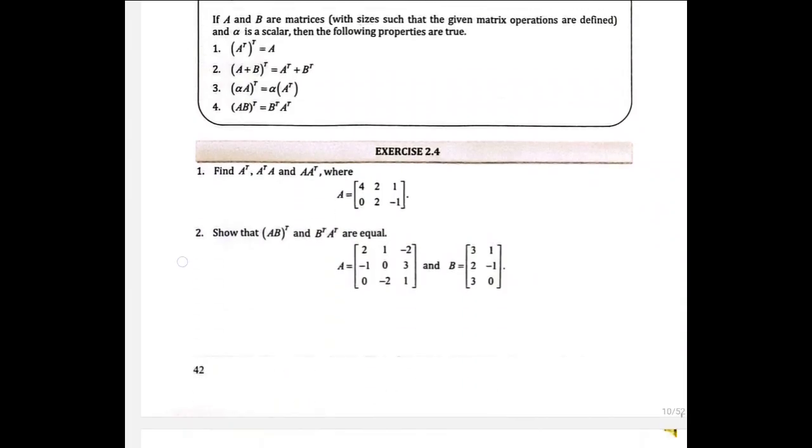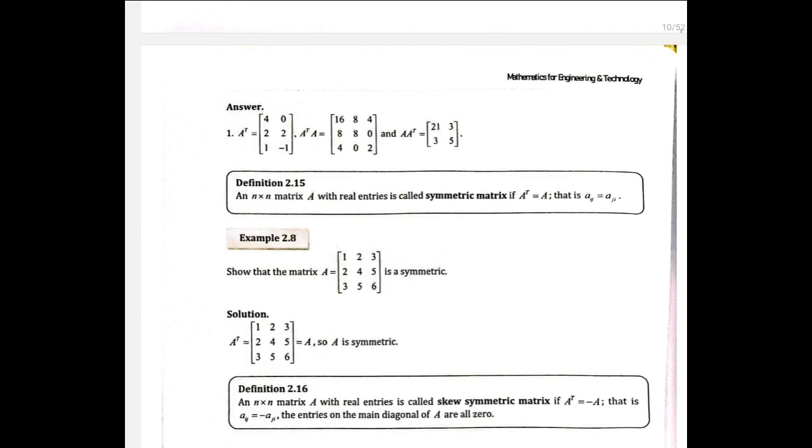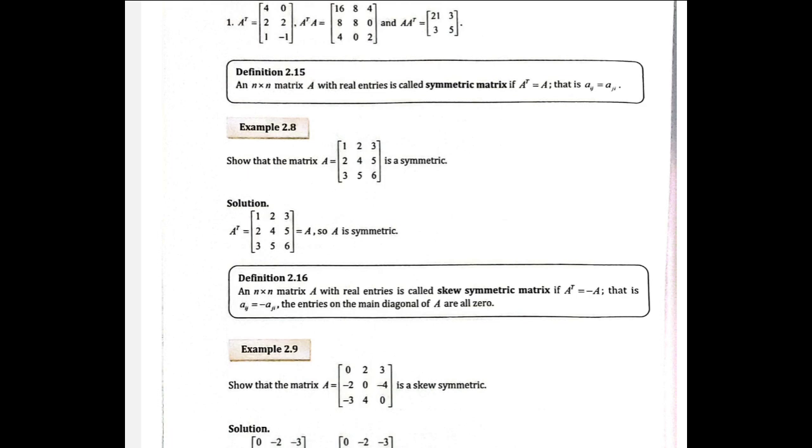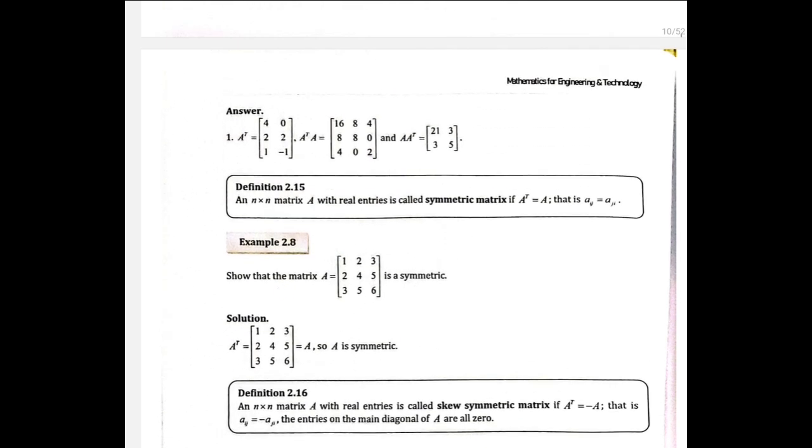Now from this transpose, we can identify two things, which are the symmetric matrix and the skew symmetric matrix. For a symmetric matrix, we call it symmetric when the transpose of the matrix is equal to the matrix itself.